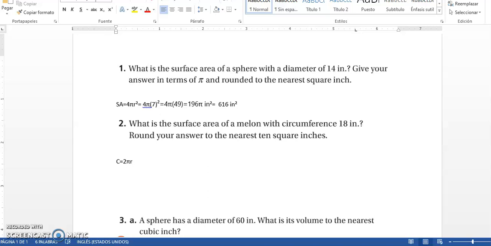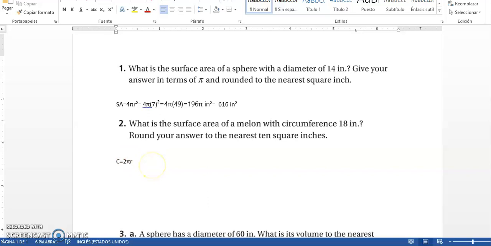By substitution, 18 is equal to 2 times pi times the radius that we are looking for.